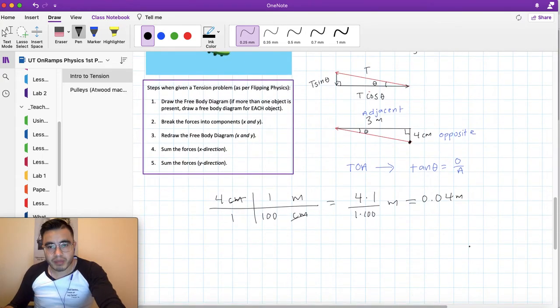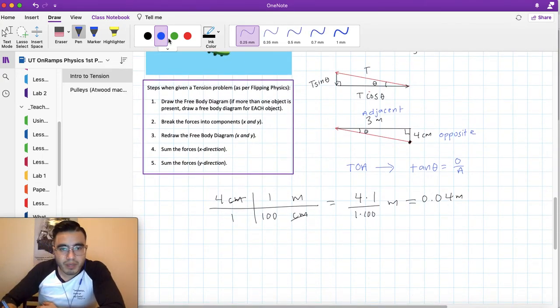Now we can use tangent. So the tangent of theta is equal to the opposite, 0.04 meters, divided by the adjacent, which is 3 meters.